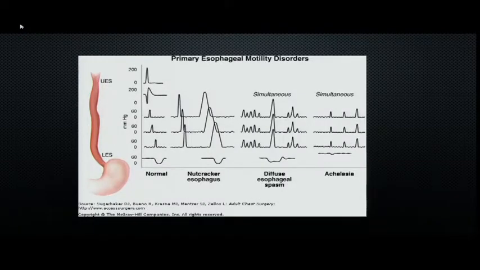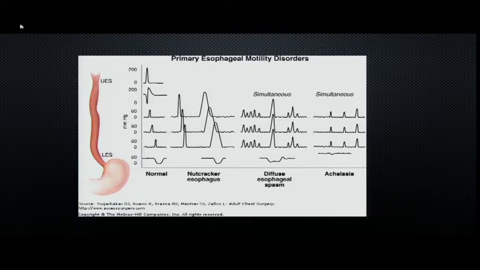Very important. Some of these motility disorders are shown here. This is the normal waveform that we just discussed. The nutcracker esophagus has random waves with very hypercontractile pressure in the esophagus. This is a tough diagnosis to make, but it's almost always made by manometry. And these are in excess of 100 to 150 millimeters. People really feel this.